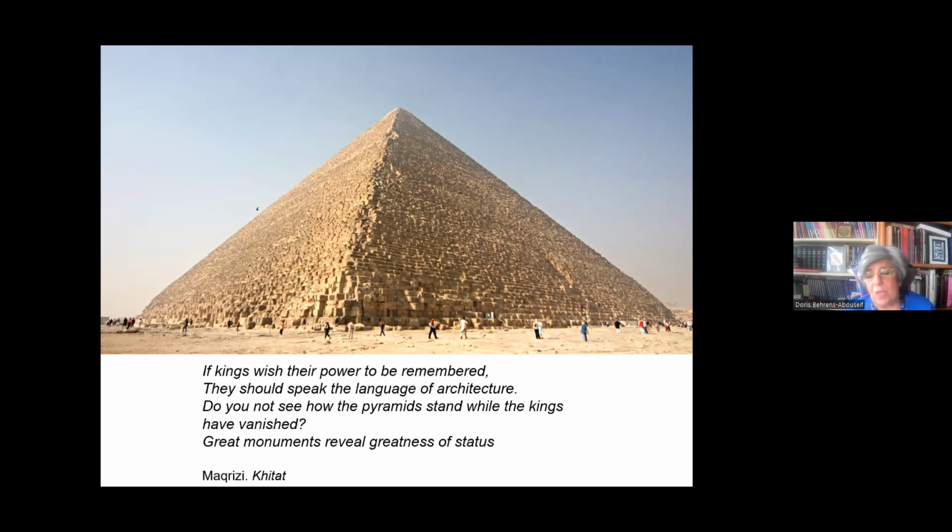And then he is reported to have composed this poem to say you need great monuments to show greatness. You have to understand that. So this shows how the pyramids were conceived of or seen as an example also for Muslim rulers to become famous and to have a great legacy.